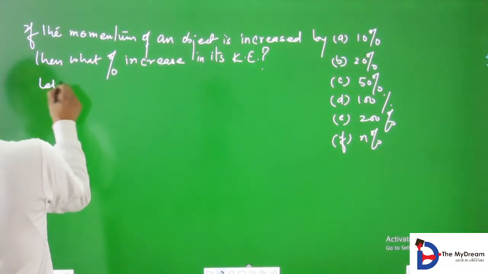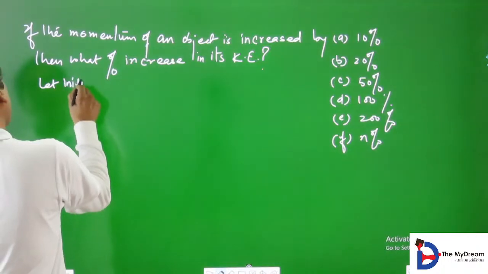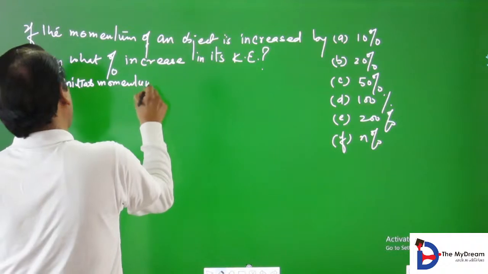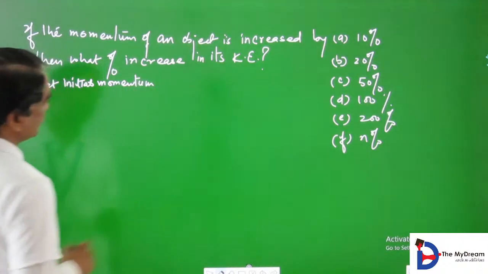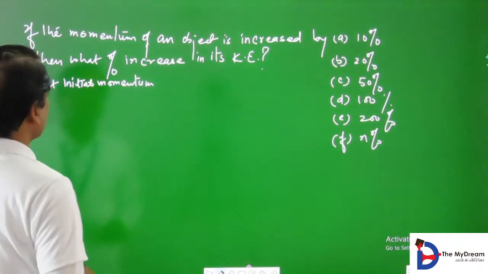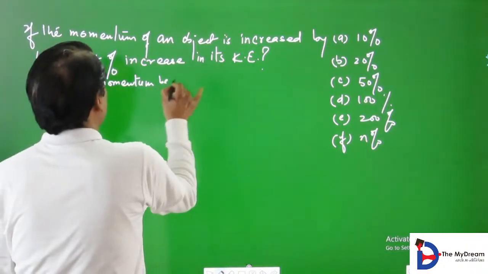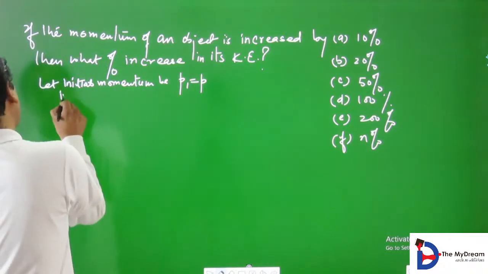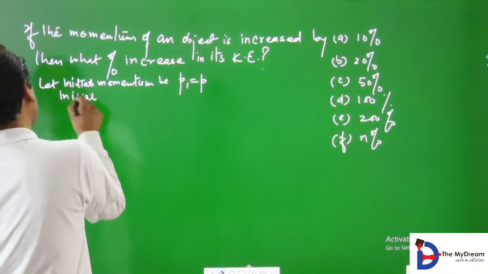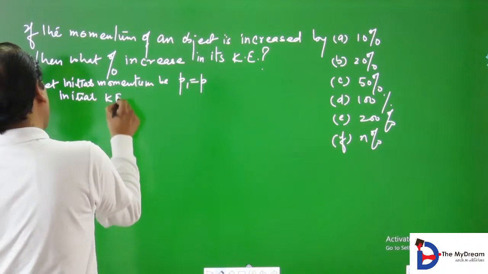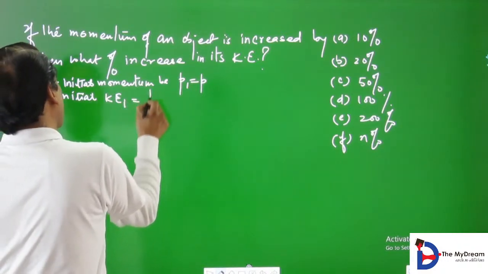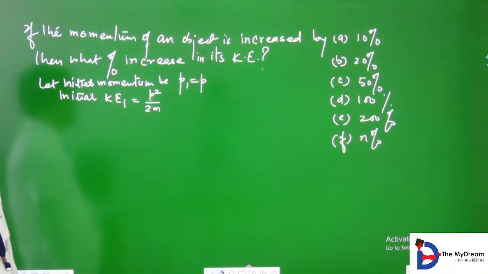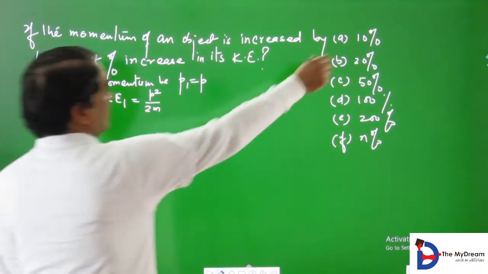Let the initial momentum be P1. So initial kinetic energy, KEI, is P square by 2m.